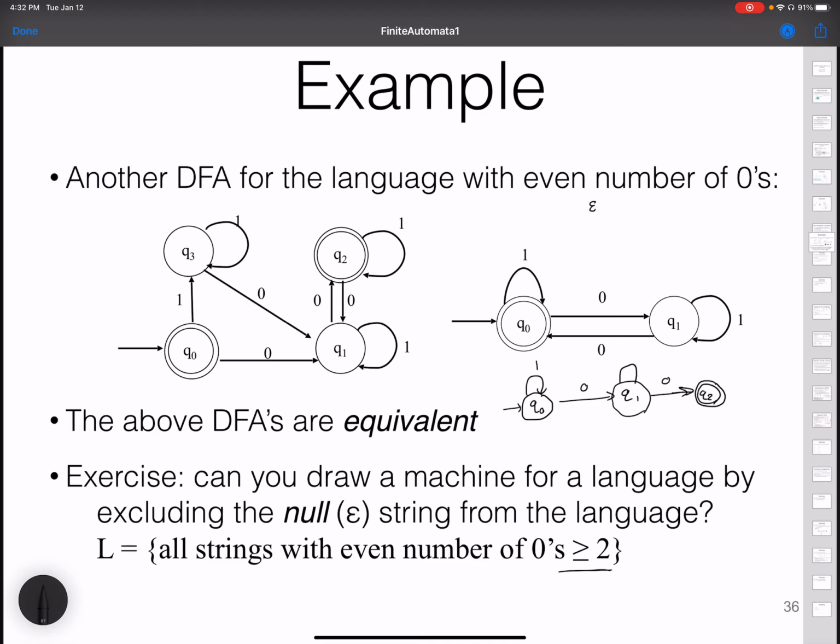If you see 1 in Q1, you would stay here because you haven't seen an even number of zeros yet. In Q2, if you see 1, you would stay because the number of zeros is even. But if you see a 0, you would go back to Q1, and you need to see another 0 to go back to Q2. So this is a sample solution for this exercise.